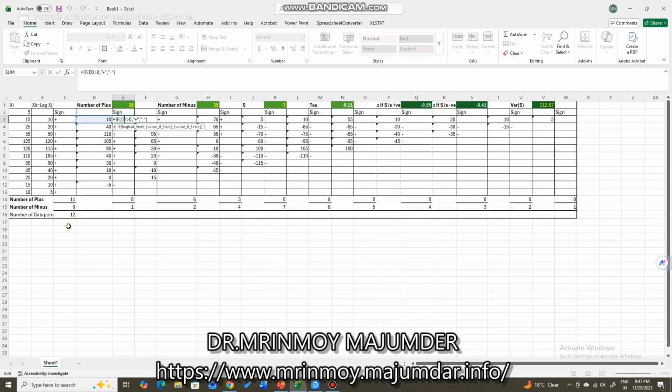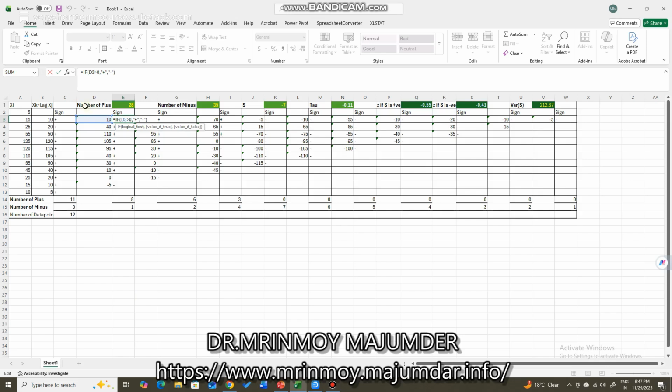In case of minuses, the number of minuses for the first column is 0, second column 1, third column 2, then 4, 7, 6, 5, 4, 3, 2, 1. So these are all my numbers of pluses and minuses.